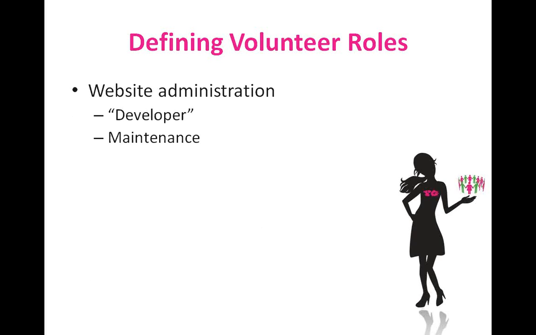Online fundraising means that you're going to need to build a website. The great news is that there are tools out there available that make it relatively simple to do. But you do need someone who has some know-how and who's comfortable working with building a website to be your, what we'll call, developer. And then you need maybe that same person or someone else to manage maintenance as you add things to your website either before or during the walk-a-thon campaign.